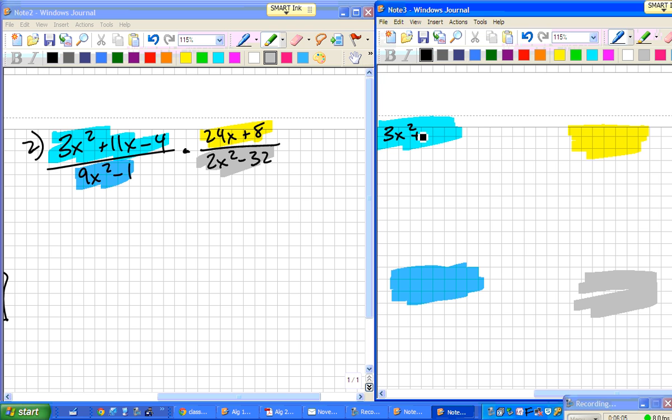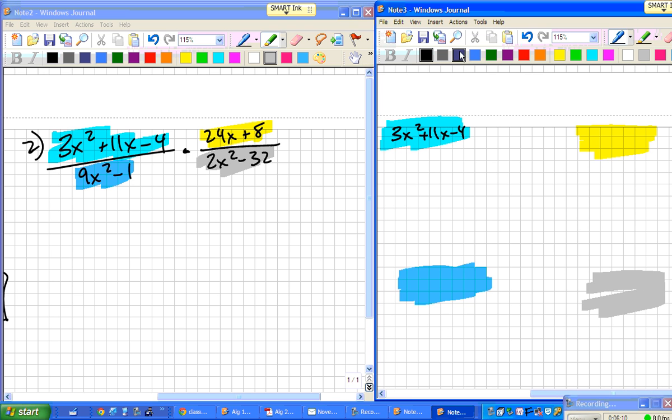3x squared plus 11x minus 4. 3 times 4 is negative 12. So I want numbers that add up to get to 11, but multiply to get to negative 12, which is negative 1 and 12. You have to split the middle term.